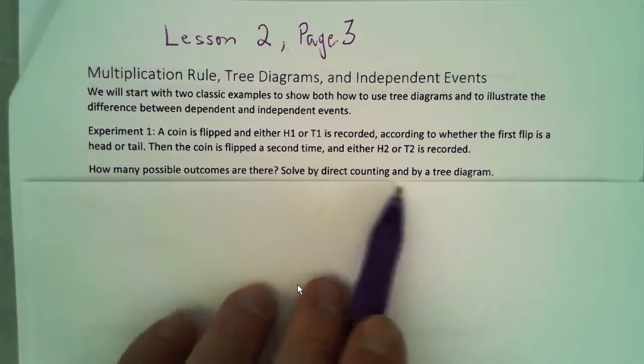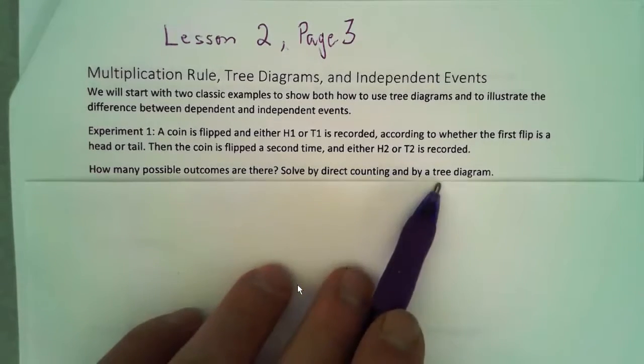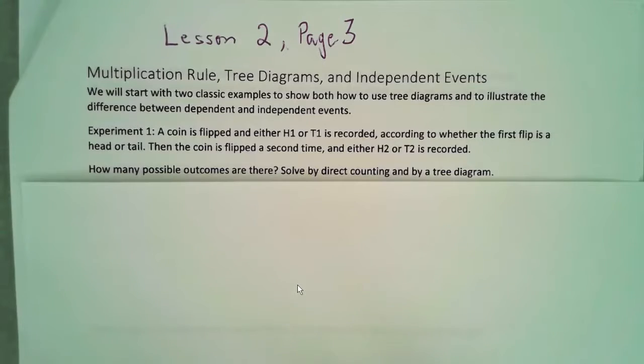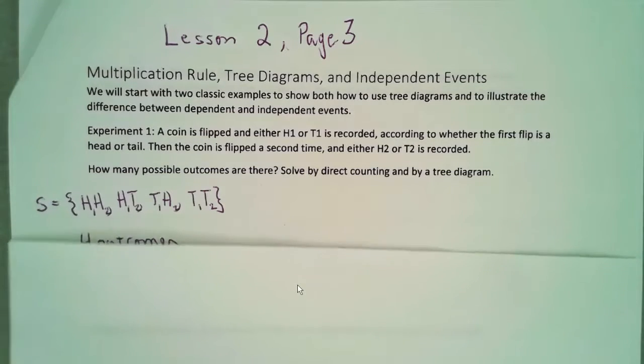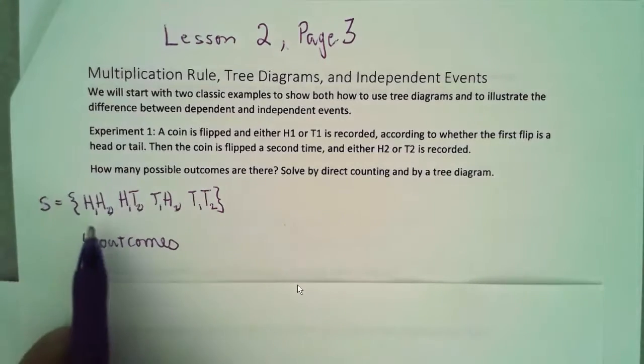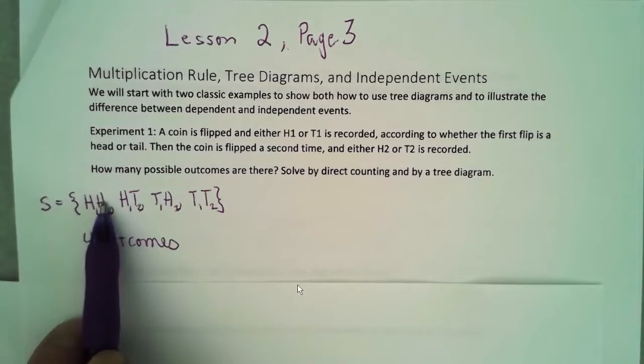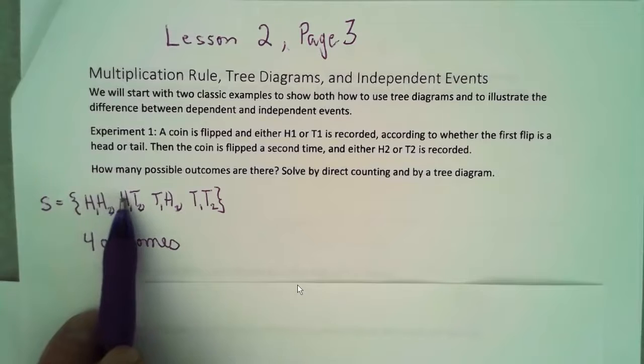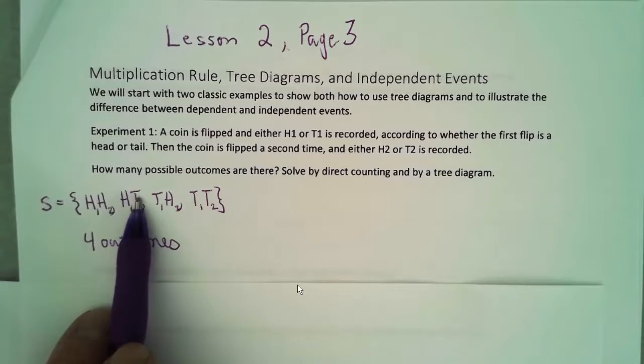That's not hard to solve either by direct counting or by a tree diagram. Let's take a look at direct counting first. Now, in the past, we've usually just labeled these as HH for head on the first, head on the second, HT for head on the first, tail on the second as well.